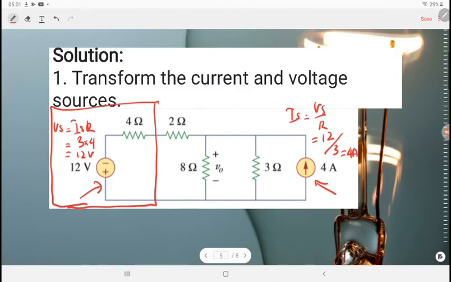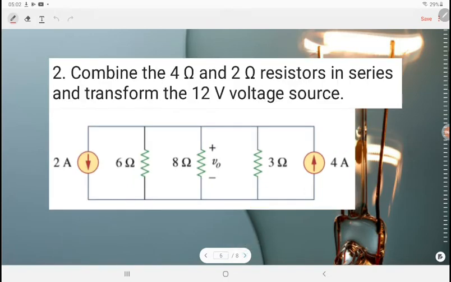So the 4 ampere current source must be in parallel with the resistor. This circuit shows that we have already transformed the current source into a voltage source and the voltage source into a current source. So we go to the next steps.